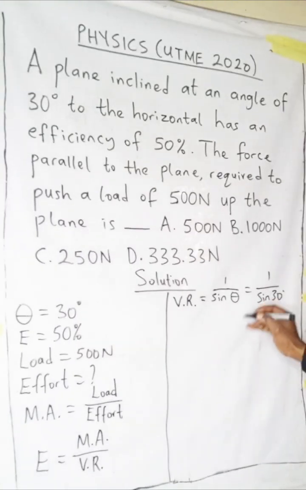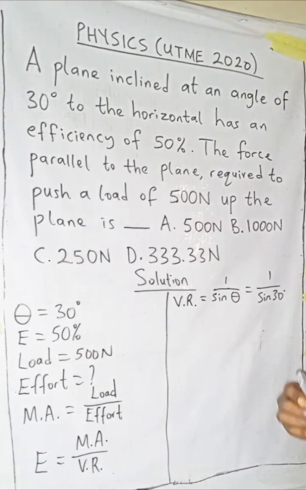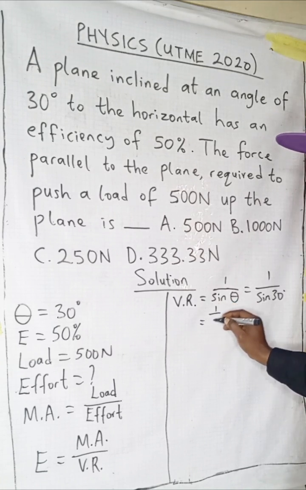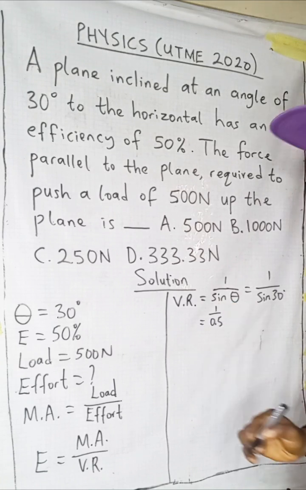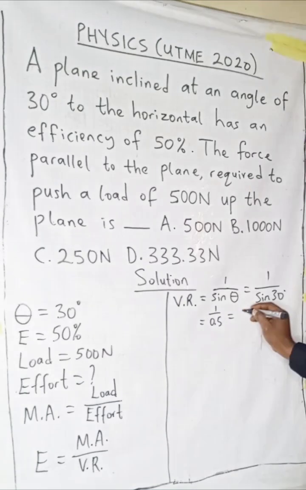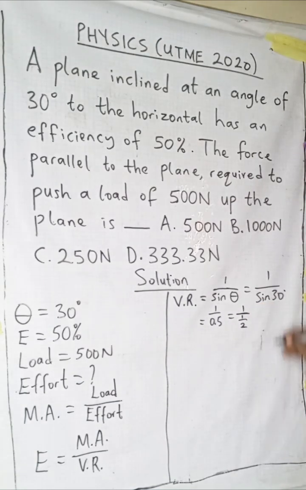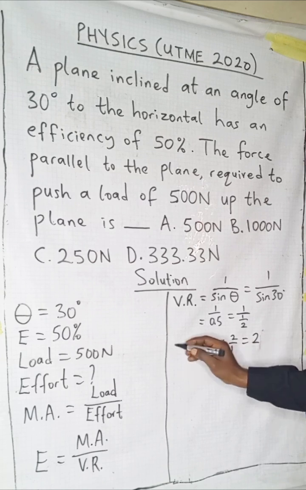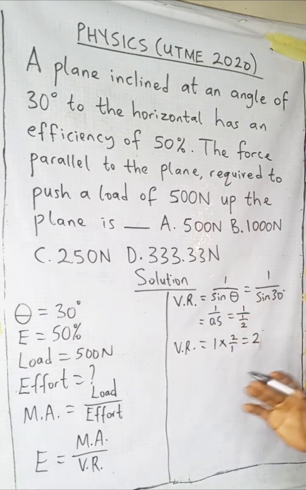Sine 30 is 1 over 2, which is 0.5. So that will be 1 over 0.5. It's just like having 1 over 1 over 2; the division will turn to times, so we have 2 over 1, which is 2. So we have the velocity ratio to be 2.